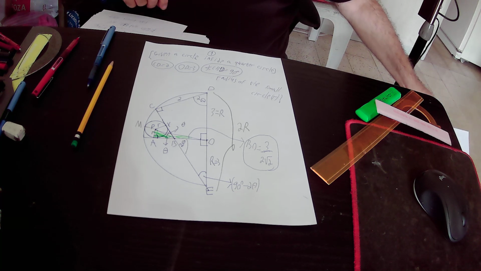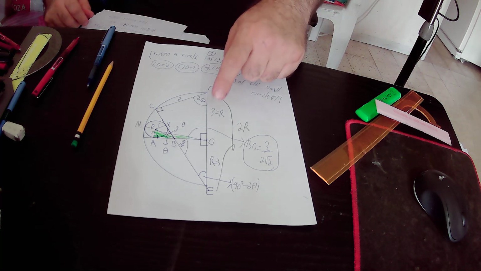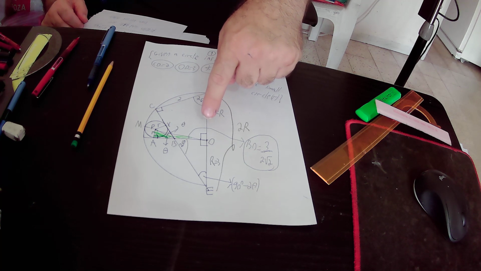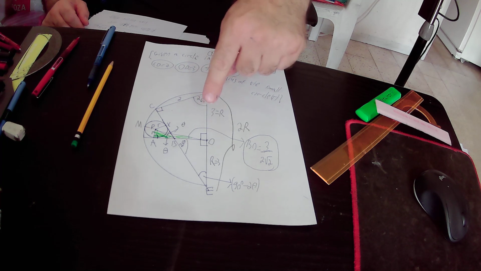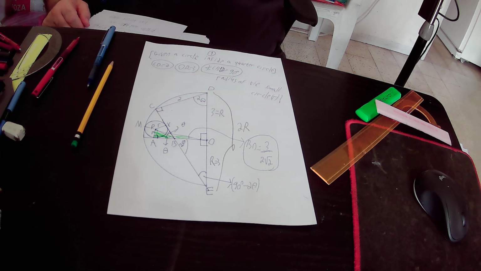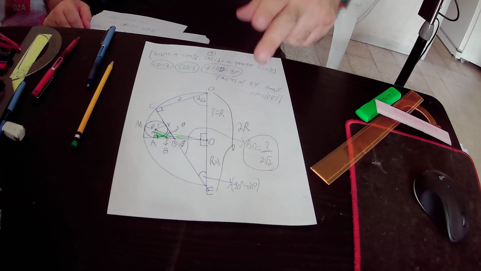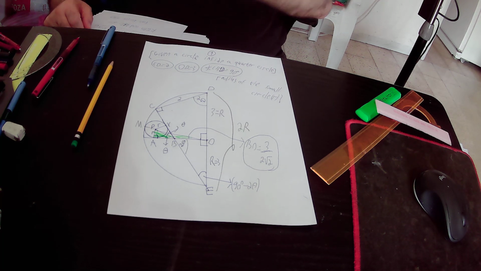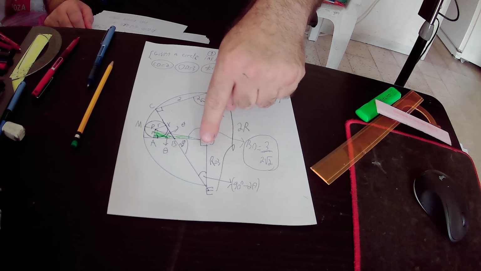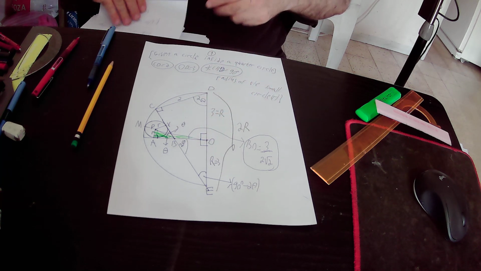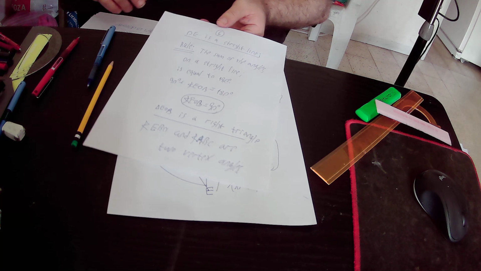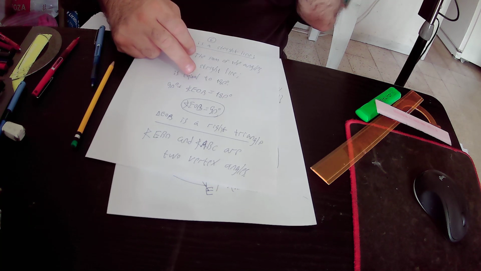Okay, and we've already found that angle DOA equals 90 degrees because it is a quarter circle, and we know that DE is the diameter of the circle, therefore it is a straight line, and the sum of the angles on a straight line is equal to 180 degrees. So 90 degrees plus angle EOB must be equal to 180 degrees.